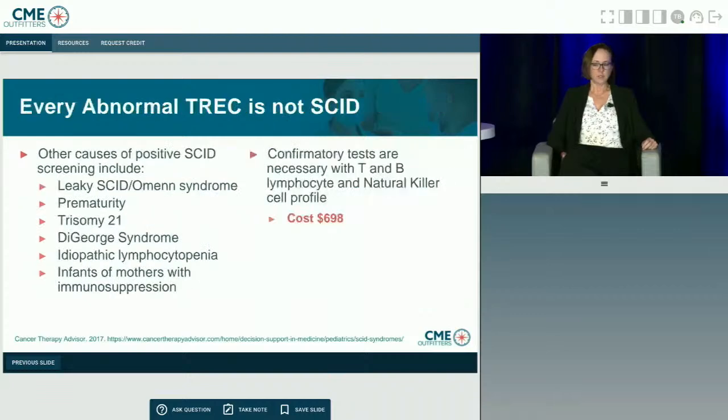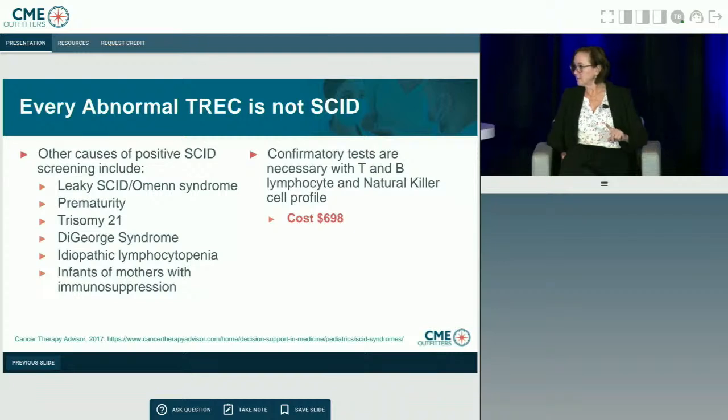But even more importantly, if it's not diagnosed early, it will lead to a poor outcome when it comes to SCID treatment. But for the primary care provider, for pediatrics, every abnormal TREC is not SCID. This TREC analysis has brought to light many other lymphopenic conditions of infancy, like trisomy 21. These trisomy 21 babies are often lymphopenic, in fact. There's a primary immunodeficiency by the name of DiGeorge syndrome that is diagnosed by the TREC.